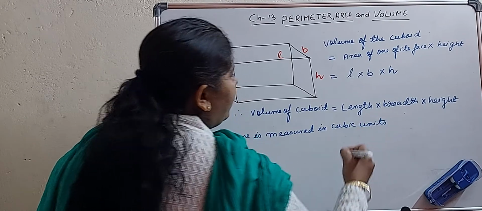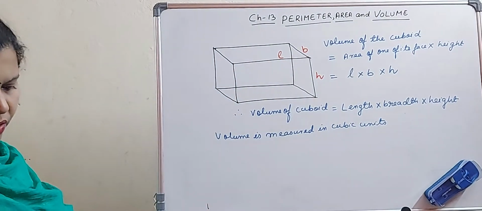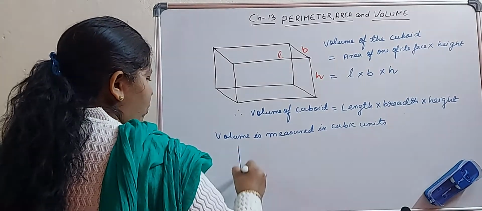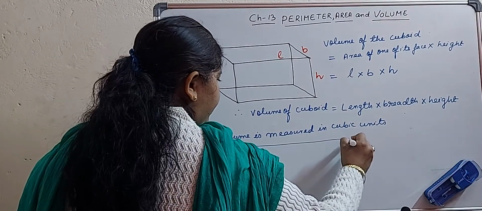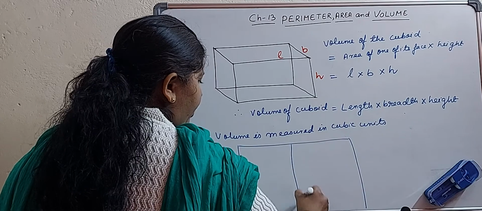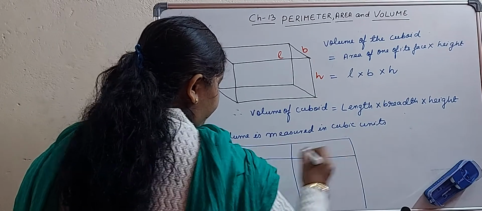I will show you a table wherein if you know the unit of side, then you can take out the unit of volume very easily.